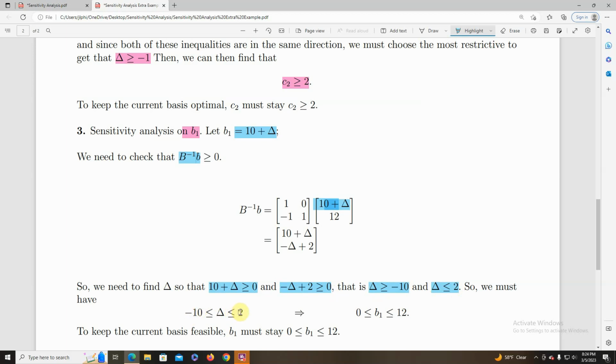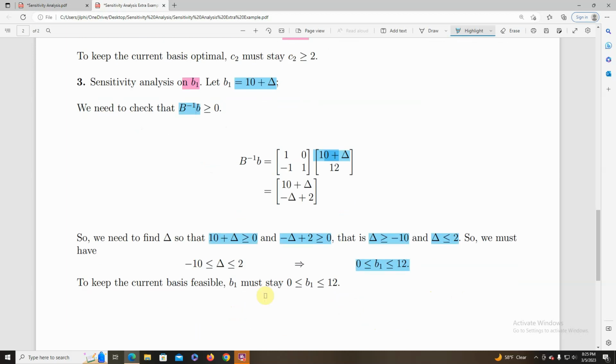Well, what was the right-hand side B1 originally? It was 10. So if I can go down by 10, I can go down to 0. If I can go up by 2, I can go up to 12. So the right-hand side needs to be in between 0 and 12. If I keep this between 0 and 12, then I'm going to stay feasible at this current basis. The idea there is if I push out of feasibility, then that basis cannot be my optimal because I cannot pivot to infeasible points if I'm following the simplex algorithm.